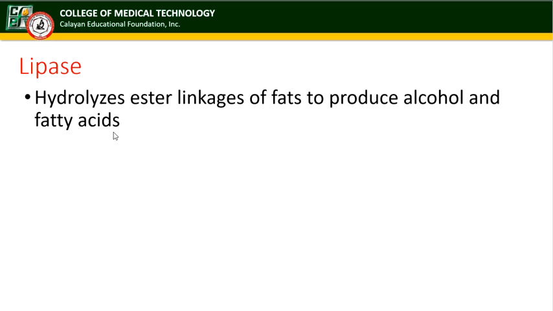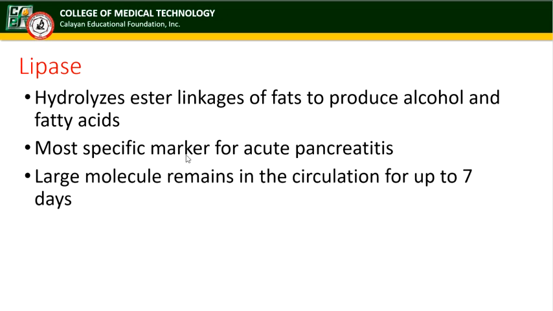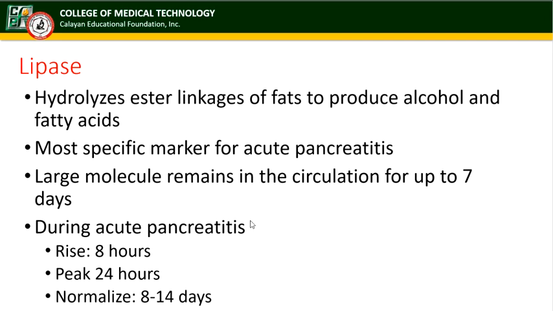Lipase hydrolyzes ester linkages of fats to produce alcohol and fatty acids. This is the most specific marker for acute pancreatitis. Large molecules remain in the circulation for up to 7 days. During acute pancreatitis, it rises at 8 hours, peaks at 24, and normalizes in 8 to 14 days.